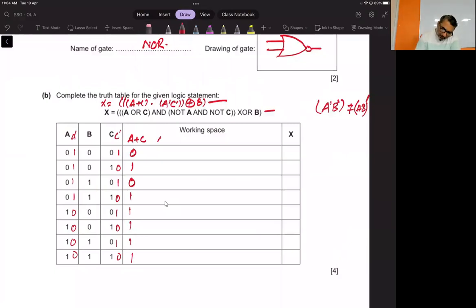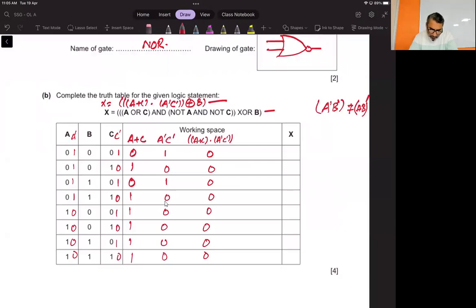Then we have A naught and C naught: 1, 0, 1, 0, 0, 0, 0, 0. Then A plus C and A naught C naught gives 0, 0, 0, 0, 0, 0, 0, 0.